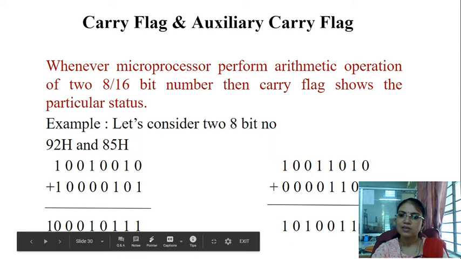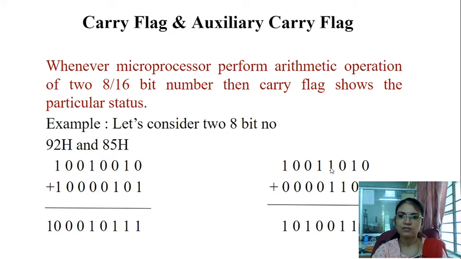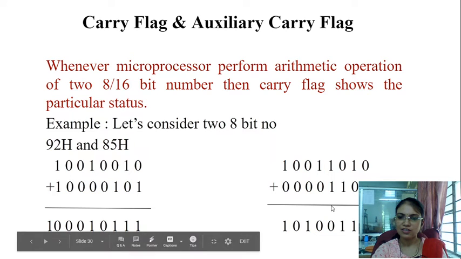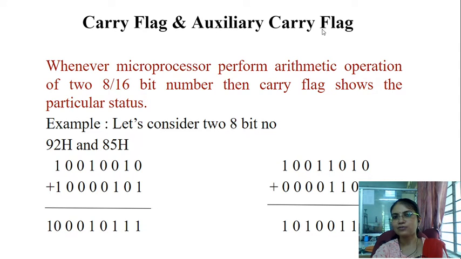In the auxiliary carry flag, after adding the 4 LSBs, if carry is generated, then that carry is copied into the auxiliary carry flag. That is the difference between carry flag and auxiliary carry flag.